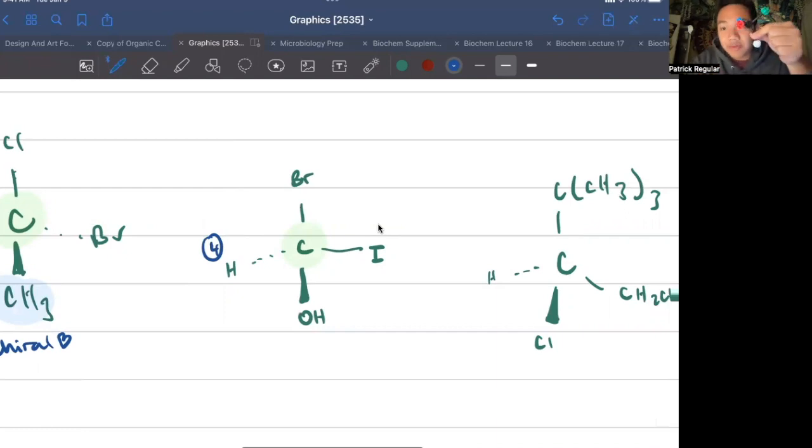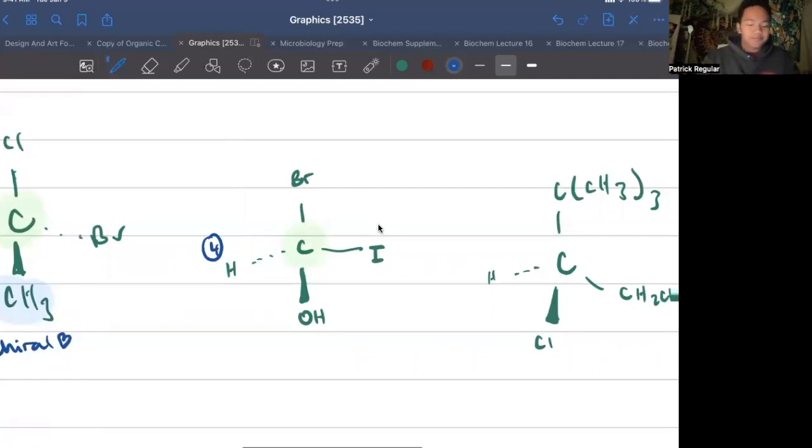So if this was your sp3 hybridized carbon, let's say white was the hydrogen, and let's say I assigned these the OH, I, and the Br. What you're supposed to do, and what Gavin likes to say, is you basically grasp it by the hydrogen and you look down the barrel. By having the hydrogen or the fourth group pointing away from you, you can accurately read clockwise or counterclockwise.